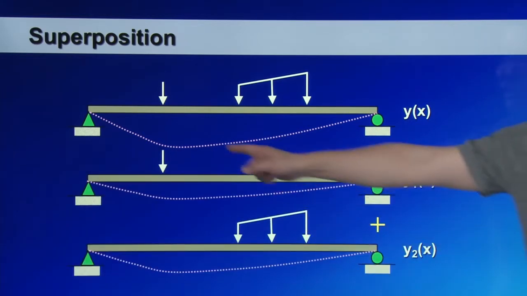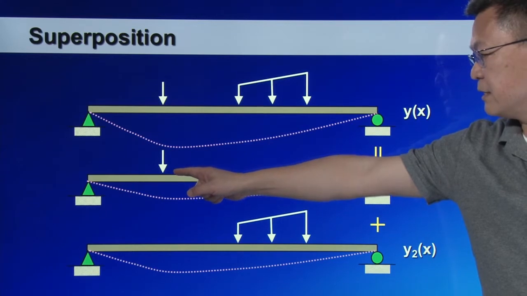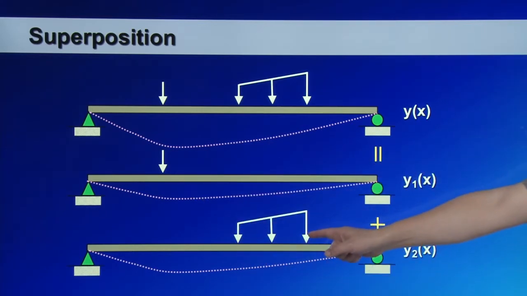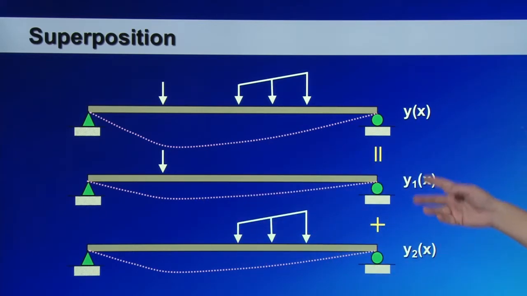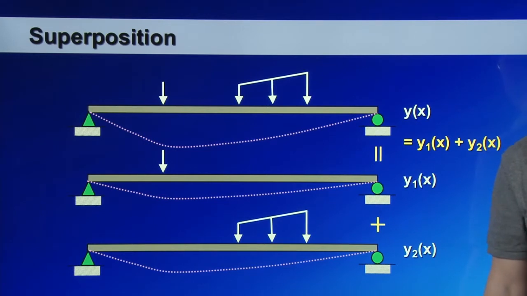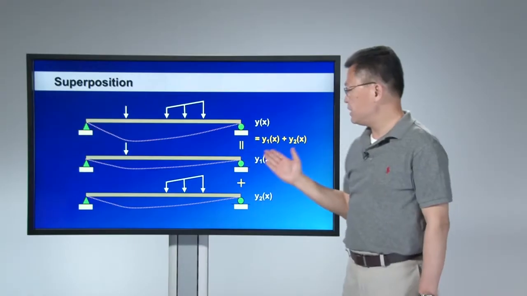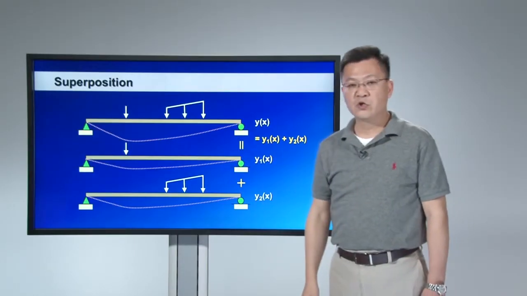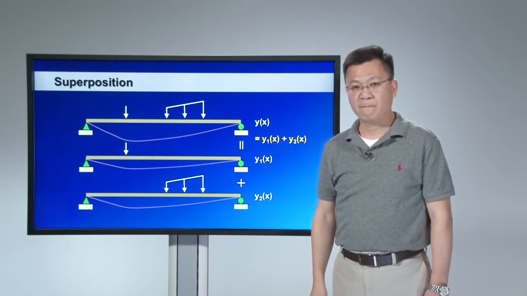I just do the concentrated loading analysis and then the distributed loading analysis, and then get the results and superimpose them, then I have the original loading conditions. So this concept is called the superposition concept.